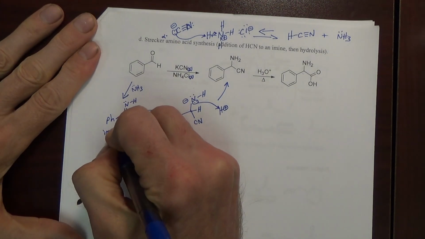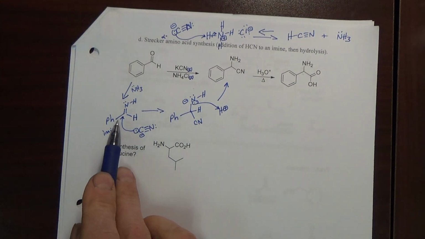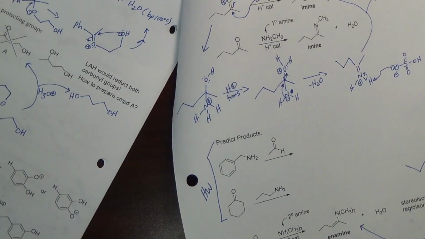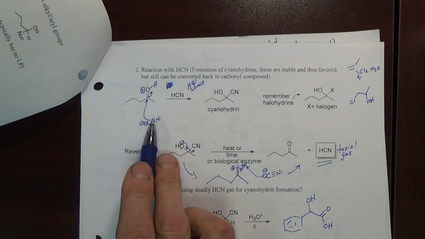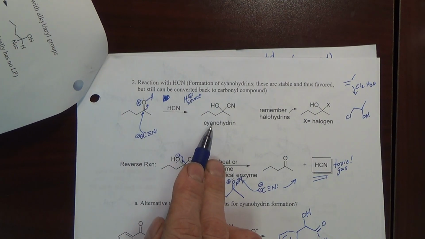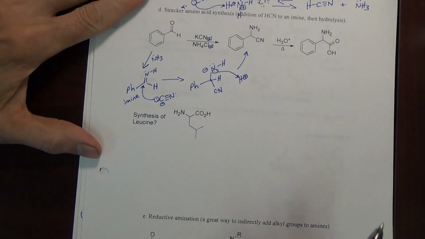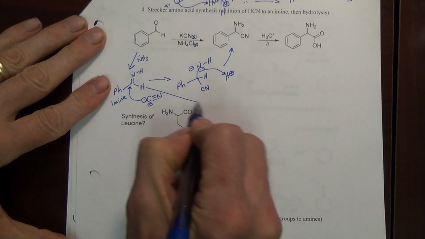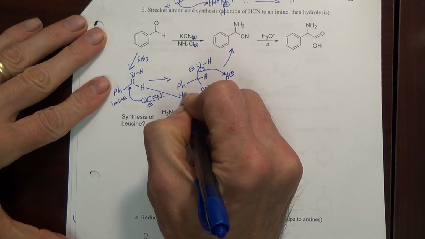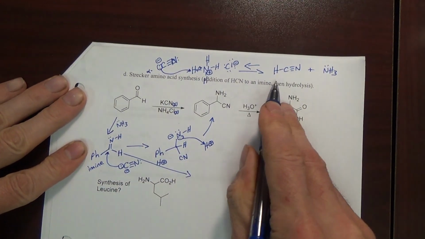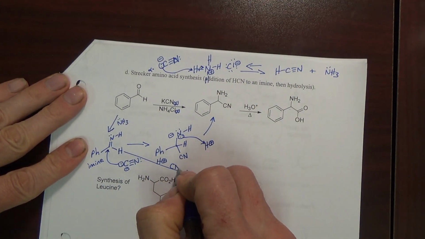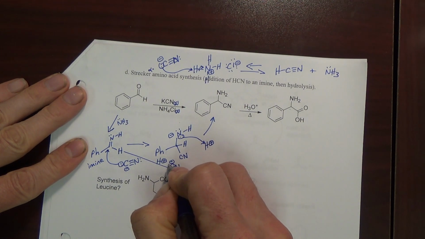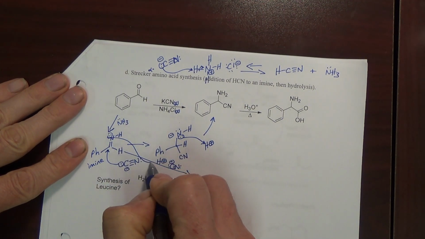From the imine, it's a lot like reacting an aldehyde or ketone with HCN to make a cyanohydrin. Now instead of that reacting, we could react this with H+. If we consider this an acid, H plus and CN minus, we can protonate that.